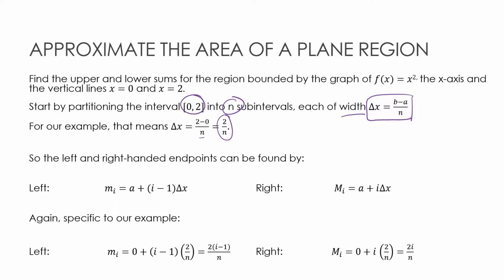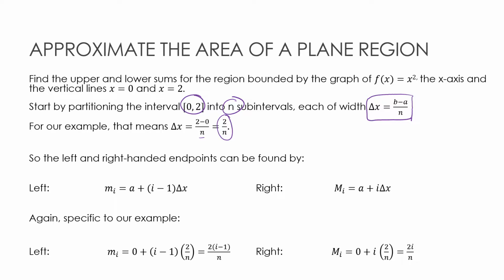So on the last one, remember, we had 2 divided by 5 because we had a total width of 2 because it went from 0 to 2. So I got 2, and then there were 5 intervals, and that's where the 2/5 came from. So now we're just basically making a formula out of it.